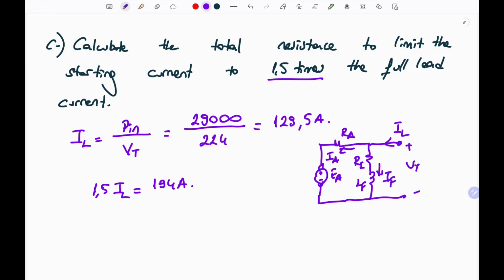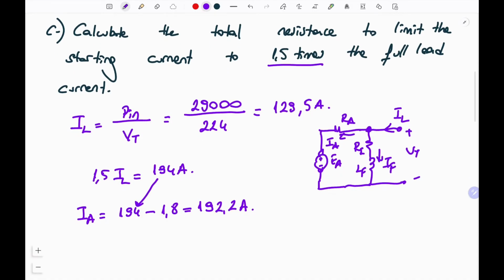Because we will insert a resistance to limit the current in the armature side, we should find the IA. For IA, if we check the node, we can use IL minus IF expression, and we will use this current as IL. IF is given as 1.8. So from here, 192.2 amperes will be our starting limited current.